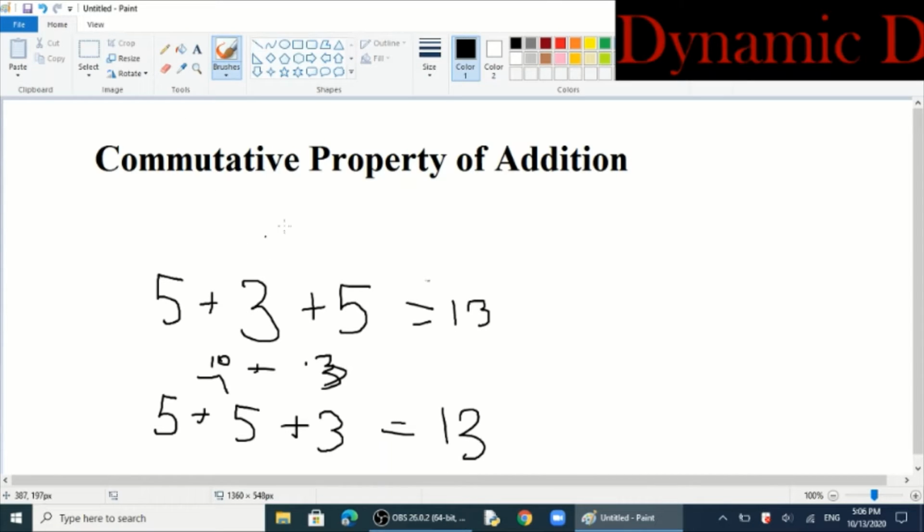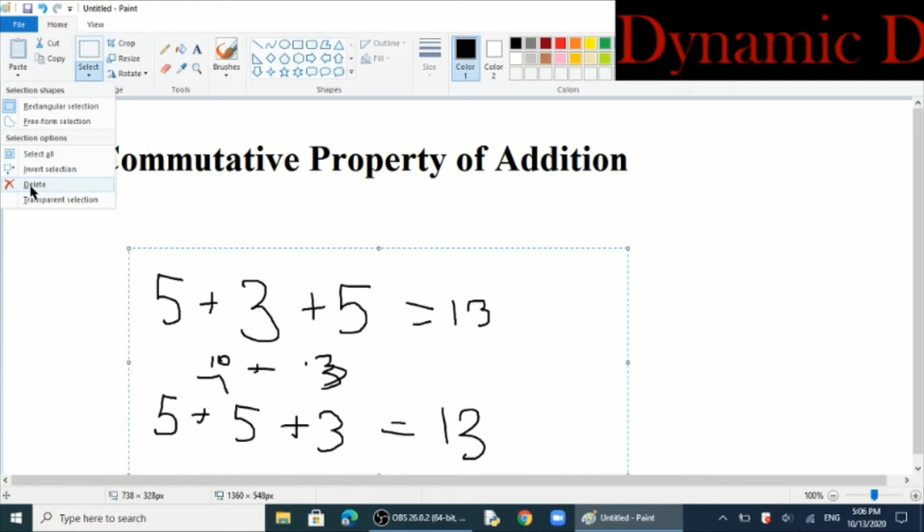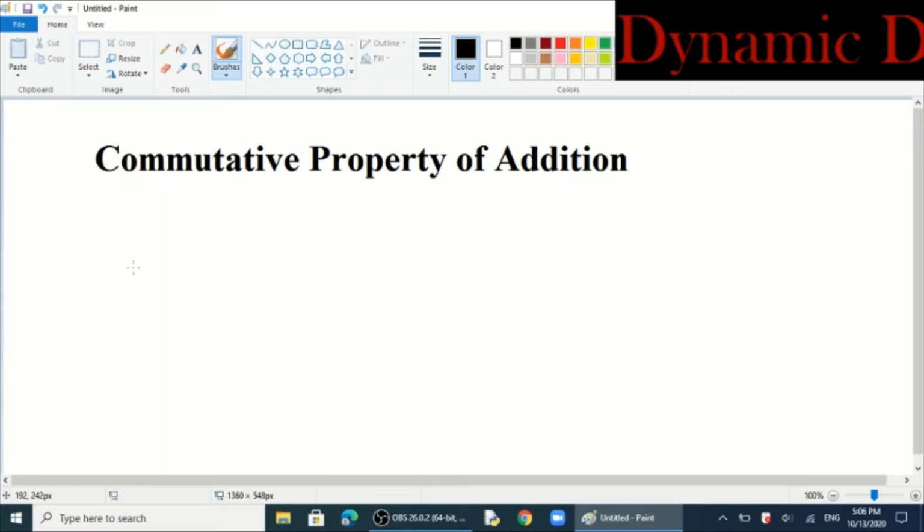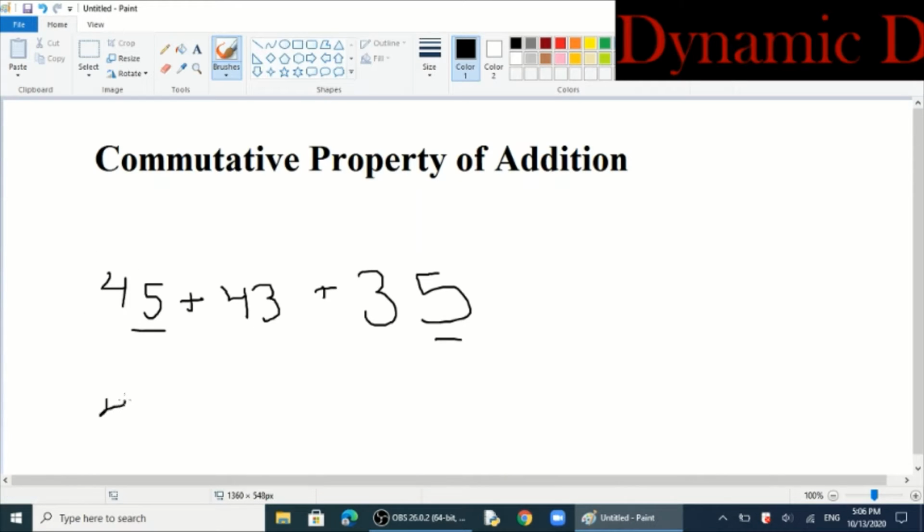Now, obviously, since I'm doing it with simple numbers, it doesn't look too hard. But let me show you with harder numbers. 45 plus 43 plus 35. I see I have a 5 and a 5 here, so I can add these. So really, I could just make it 45 plus 35 plus 43.